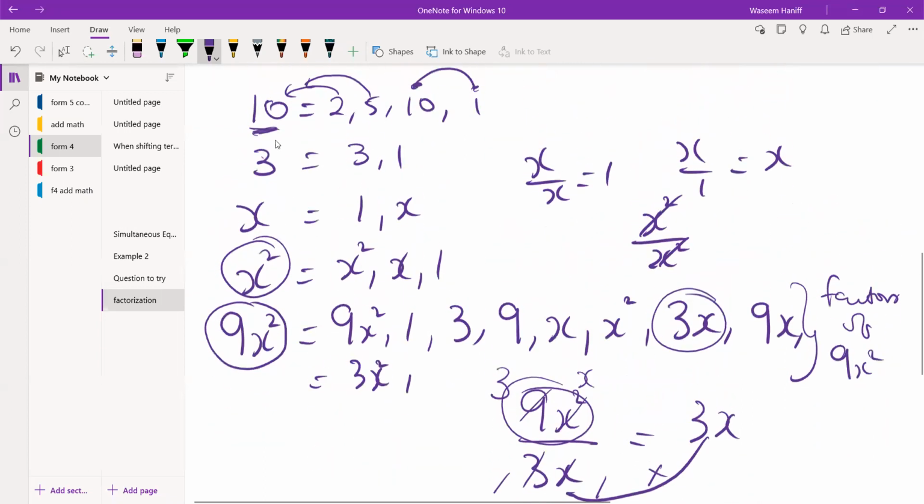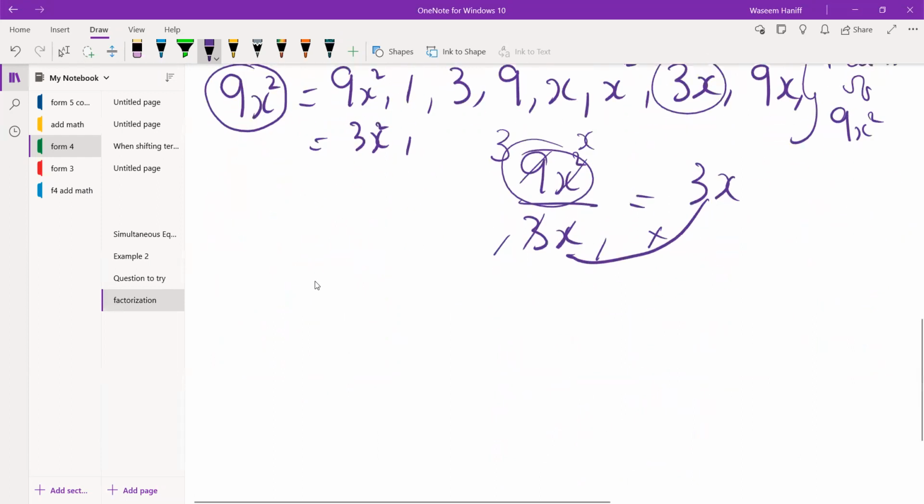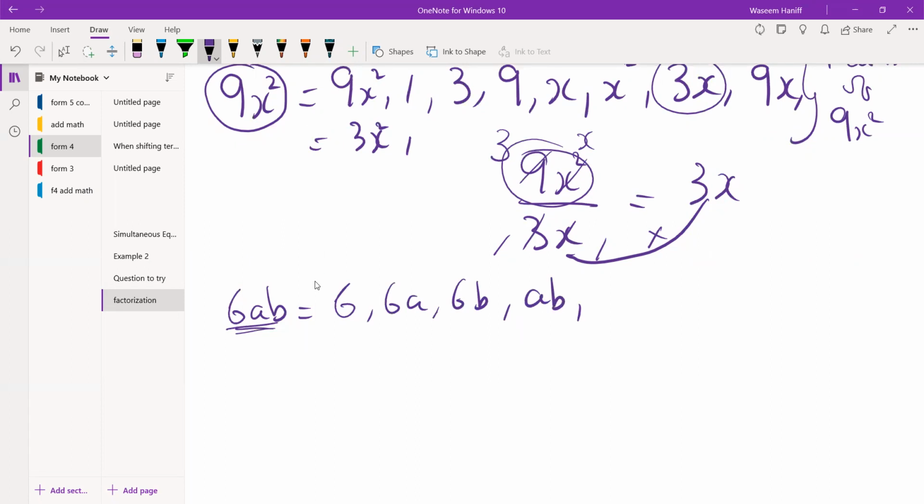And not only factors of numbers, but factors of variable terms, letters, etc., as the case may be. So let's look at 6ab. What are the factors of 6ab? Well, anything that could divide it comfortably without leaving a remainder. So the first factor could be what? 6, right? 6a, 6b, ab, 6ab, 3a, 3, 3b, 3ab.